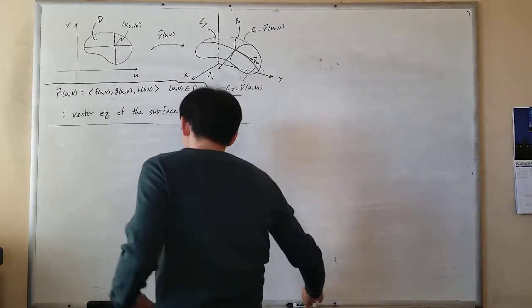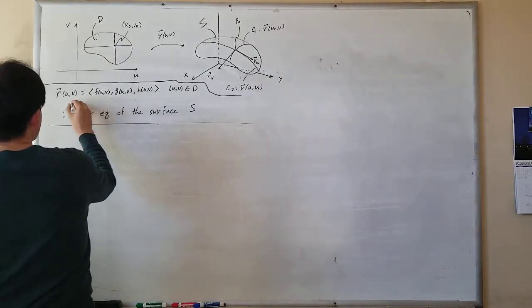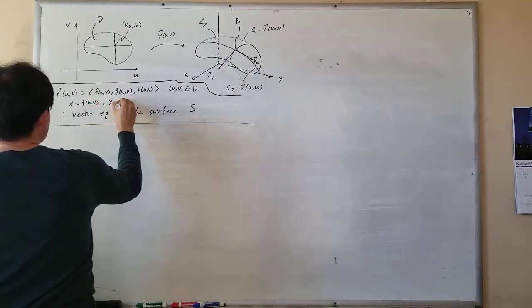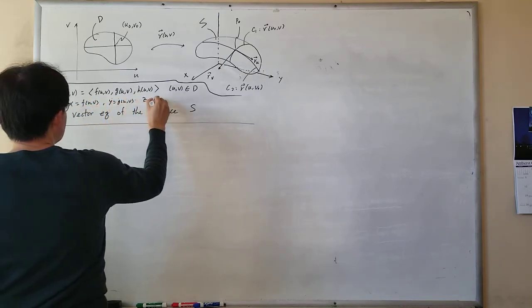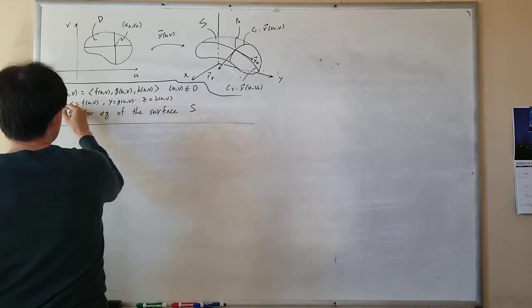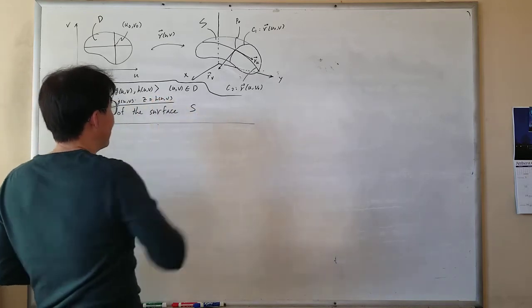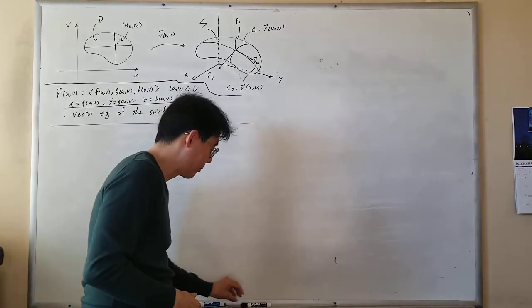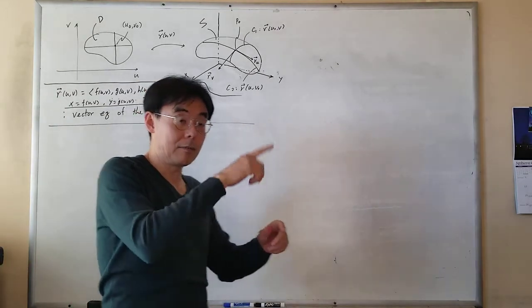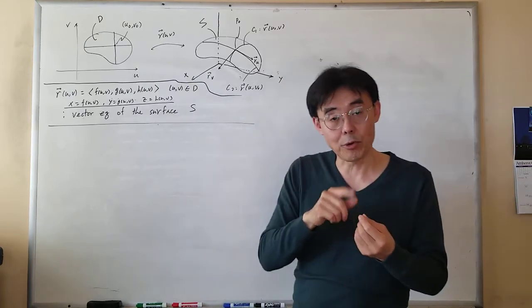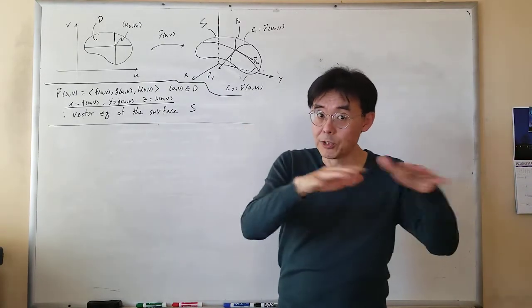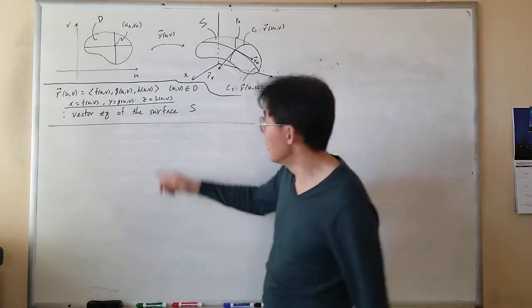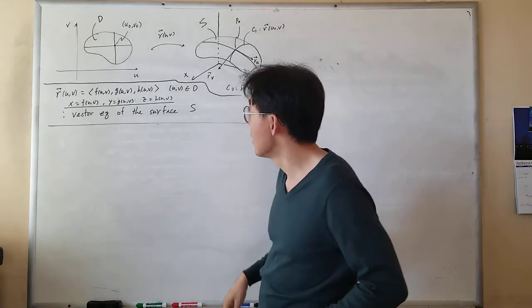If you write the x coordinate as f of u, v, the y coordinate as g of u, v, and the z coordinate as h of u, v, that would be the parametric equation of the surface S, or as it is, the vector equation of the surface. For a curve, you need a one-parameter equation. For a surface, because it's a two-dimensional object, you need a two-parameter vector equation.